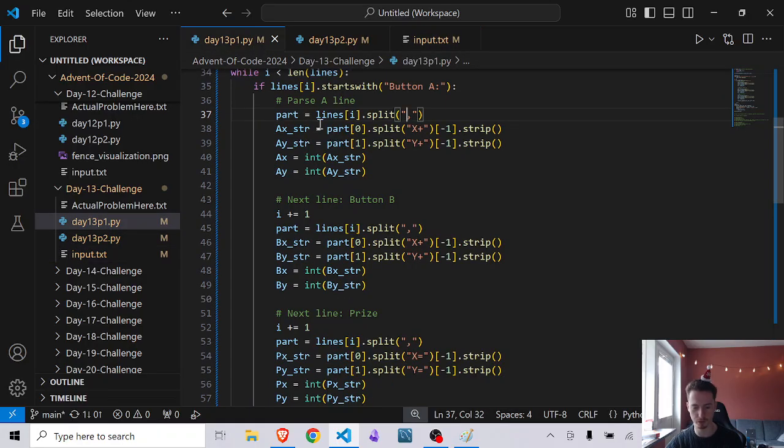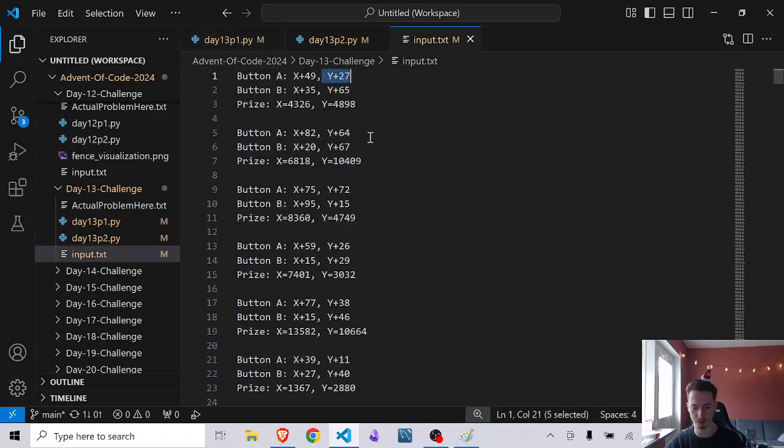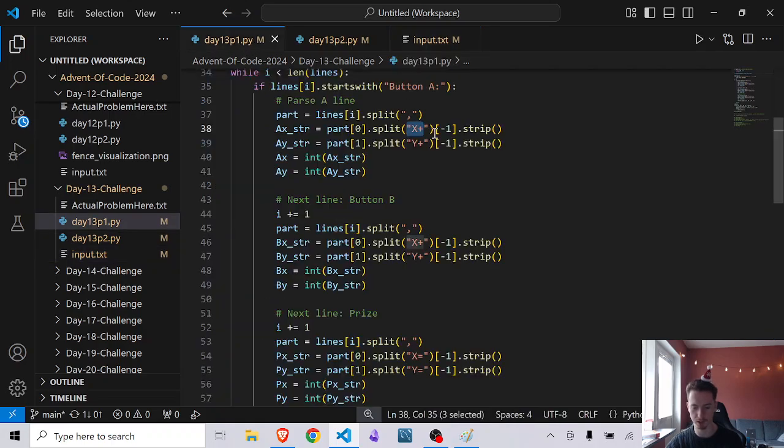Now we go to the parts. We have part 0 and part 1, which means the left side and the right side. On the left side, we want to split wherever we find X plus. So now the left side will be this, and the right side will be this, the 49. And that's exactly what we want. So I say, okay, keep the -1 element.